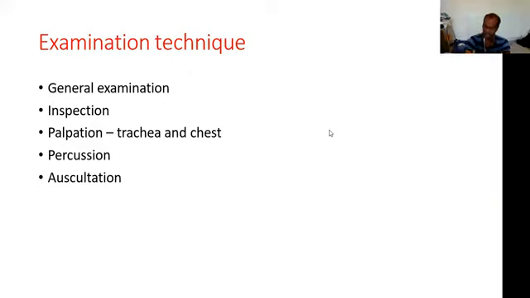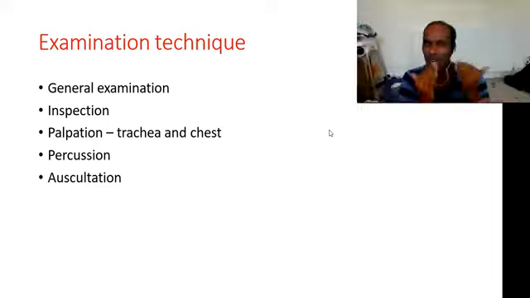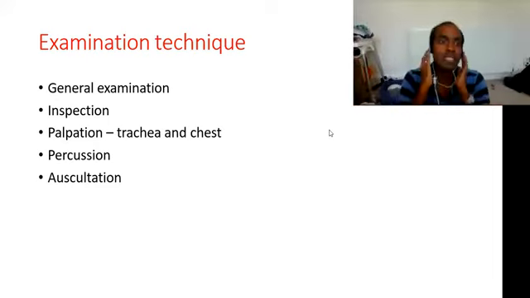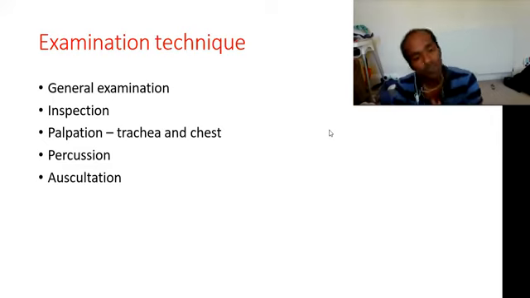In neurology, it's very clear, it's obvious for everybody. It's just that you need to know how to interpret it. But in respiratory, the actual detection of the physical sign might be difficult. In cardiology, if it's a murmur, you hear the murmur. But in respiratory, it's a bit more difficult. So that's a little word of warning before we start. It needs a lot of practice.